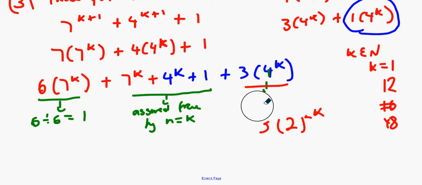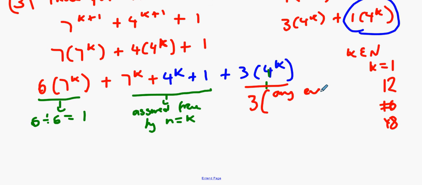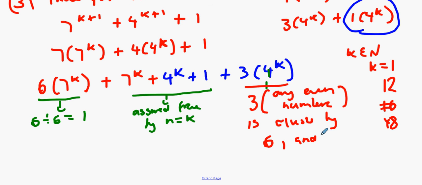So the way I'd explain it is 3 times any even number is divisible by 6, and all 4 to the power k is even. Does that make sense? It's better than what they gave me here.